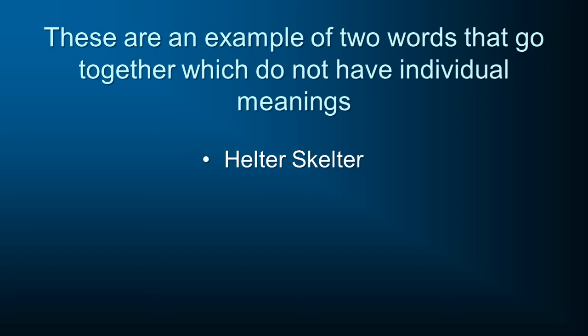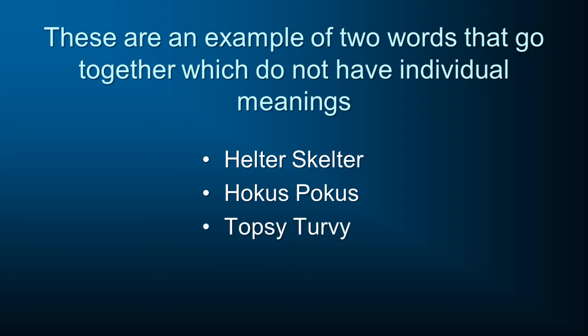It means something that's sort of random. It's helter skelter. It's sort of wishy washy, and that's another term I just made up, but I didn't make it up. It's actually there. Or hocus pocus, something that a magician says. What does it mean? It doesn't mean anything. He just says it because the words sort of go together. Or topsy turvy, something that's all mixed up, but you don't use the word topsy without turvy, or vice versa.